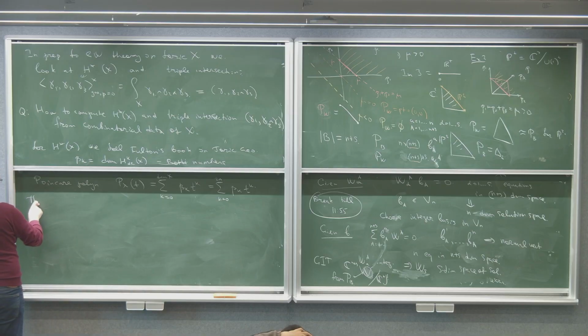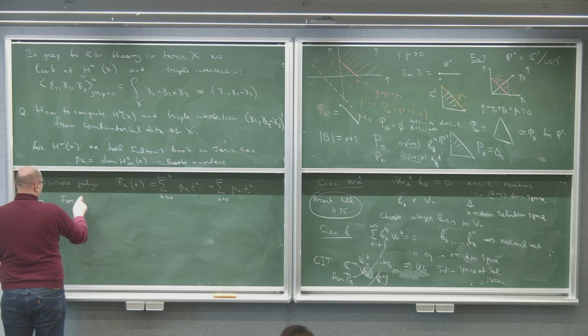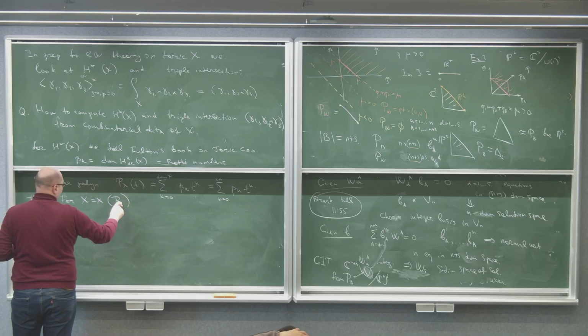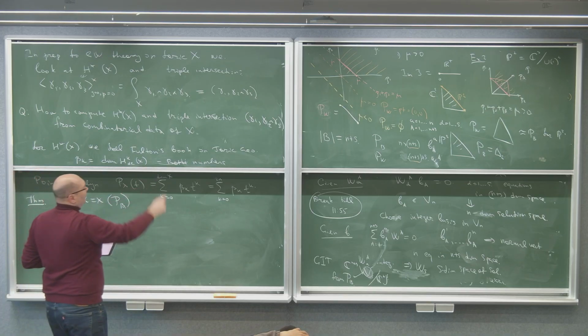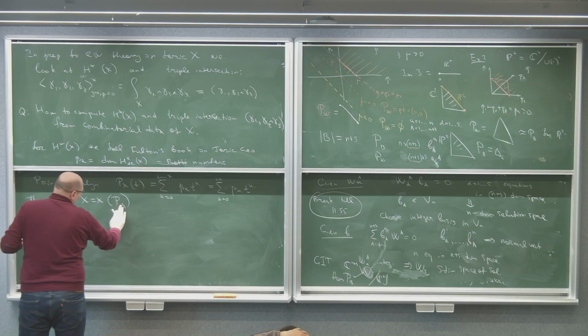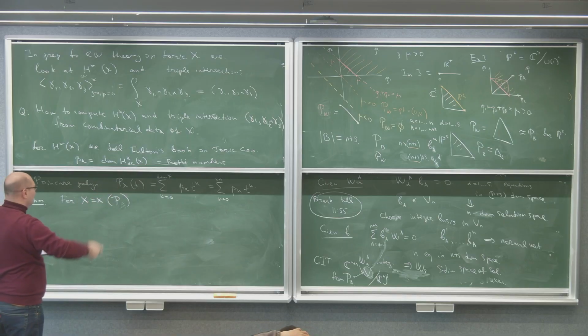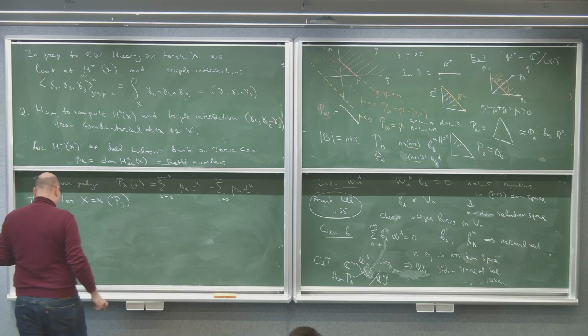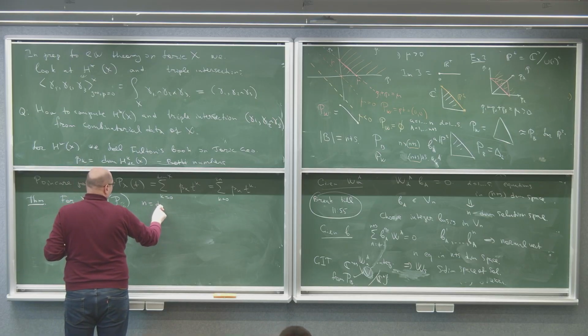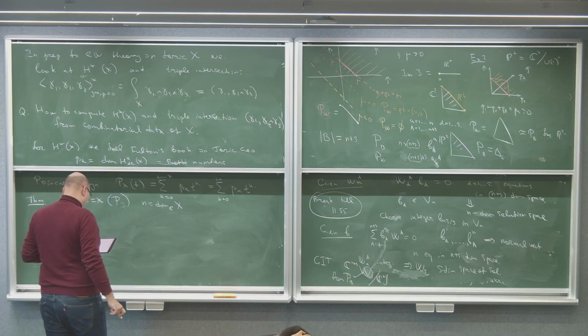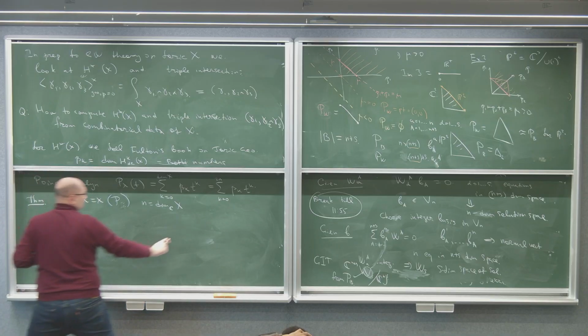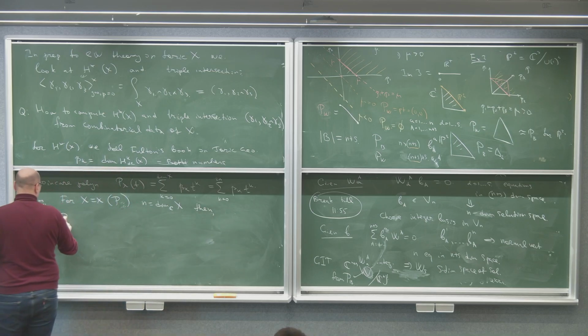Now the theorem: for X given by a polytope, with n the complex dimension of it, the Poincare polynomial P_X of t is given by the following formula.